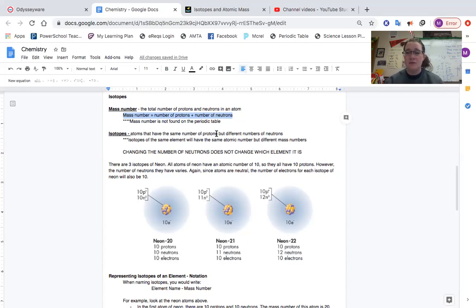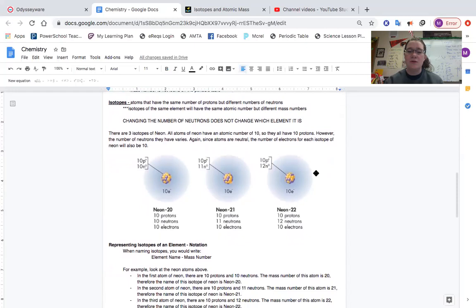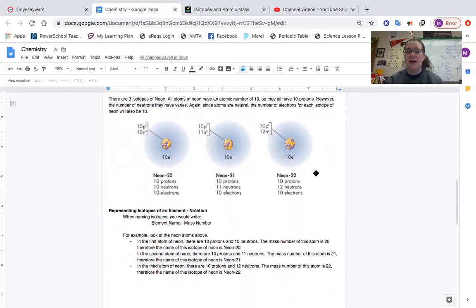If the number of neutrons changes, that does not change the element. It's purely a different isotope. Every atom of a certain element should have the same atomic number, but varying mass numbers depending on the number of neutrons.